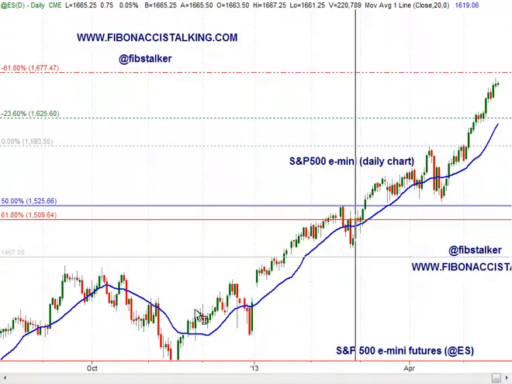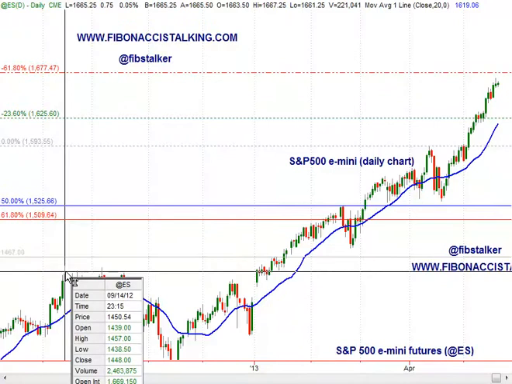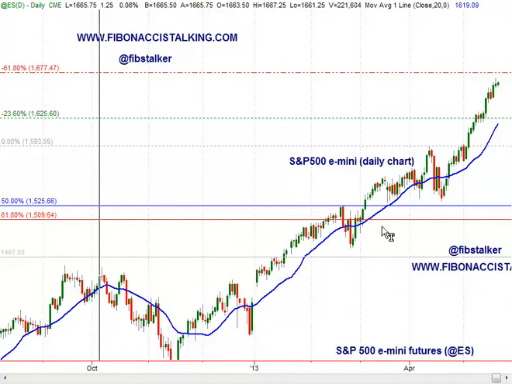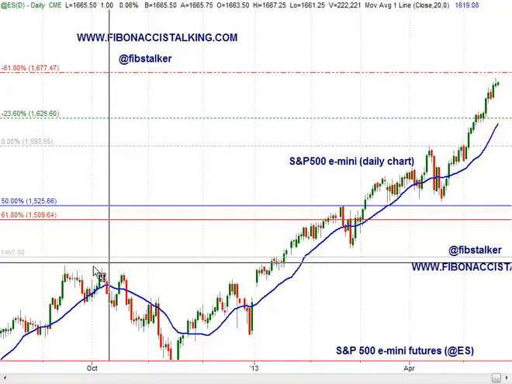Now, I've been using this 1450 as the anchor, and as we can see, price didn't move down into the 1525, and the reason is that the data I have on TradeStation is back adjusted.